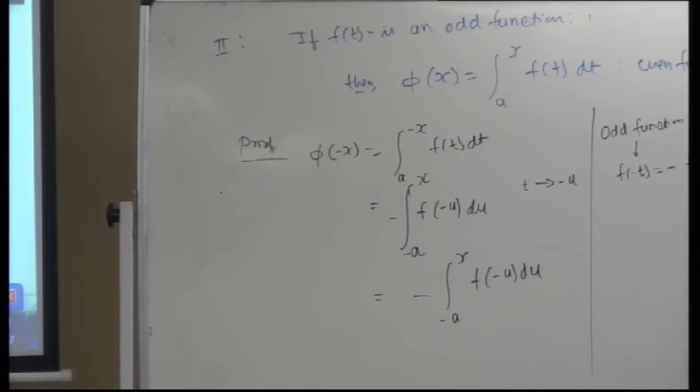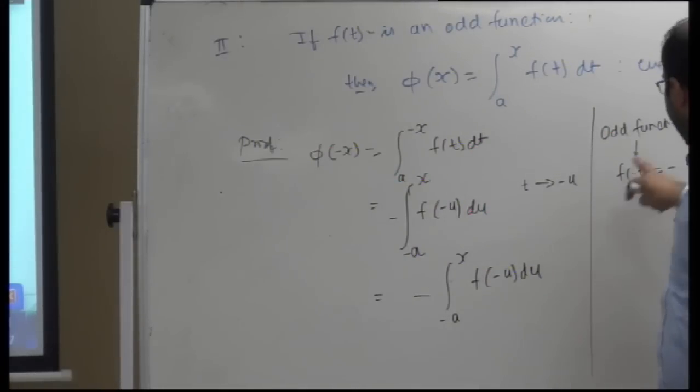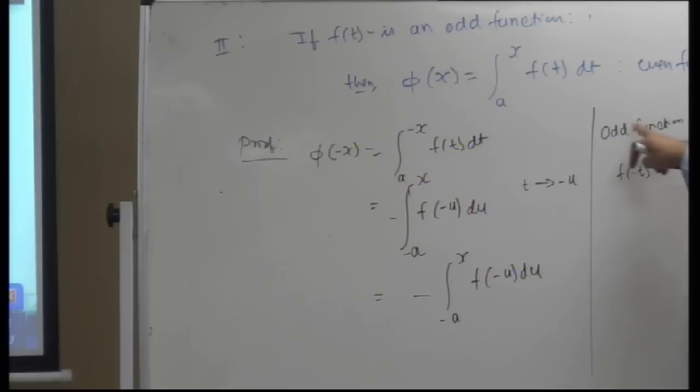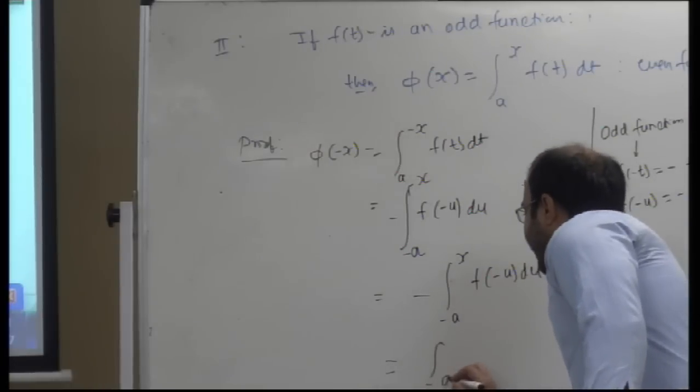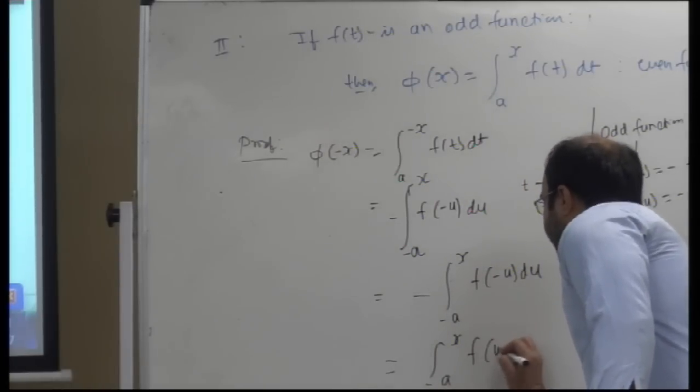And then we are saying that f(-t) is -f(t), as it is an odd function. We can also say f(-u) is -f(u), whatever we want to say. Odd function means this. That means f(-u) is actually -f(u), means this minus would vanish, and we will say it is the integral from -a to x of f(u) du.